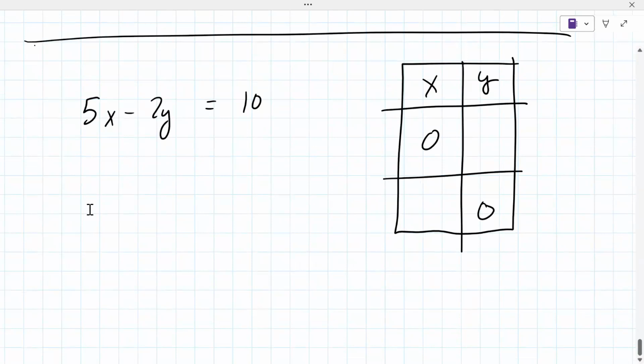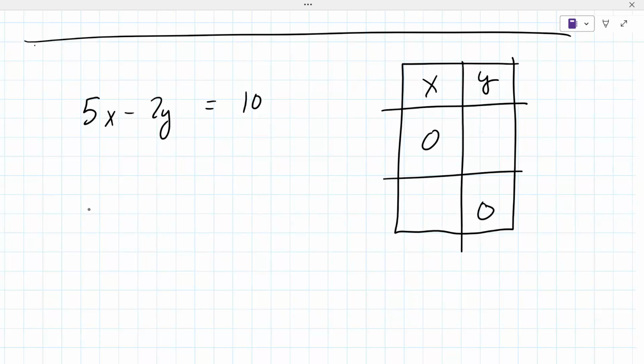See if you can get them both right on the first try, please. y would be 5 and... Try again.